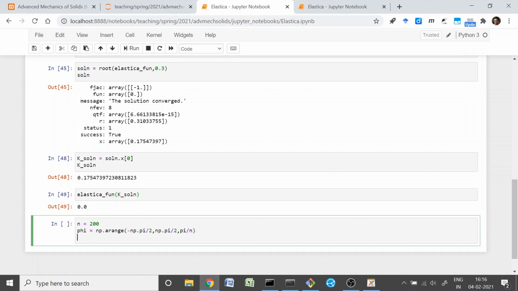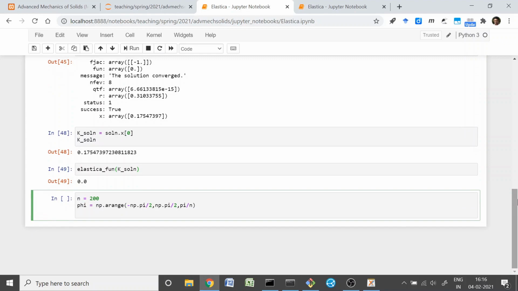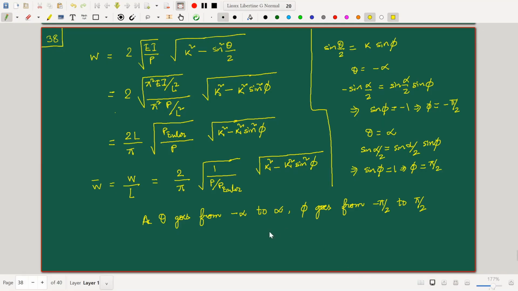now correspondingly, I would also want the values of w. Let me just take a look. So I want this particular form, right?